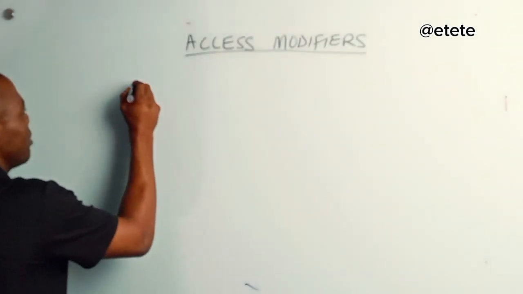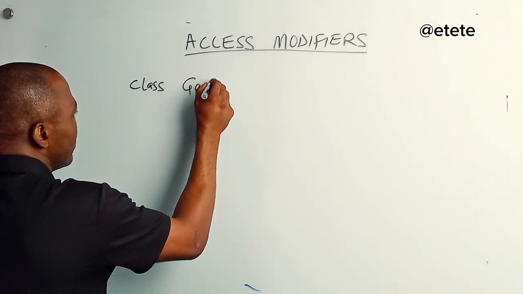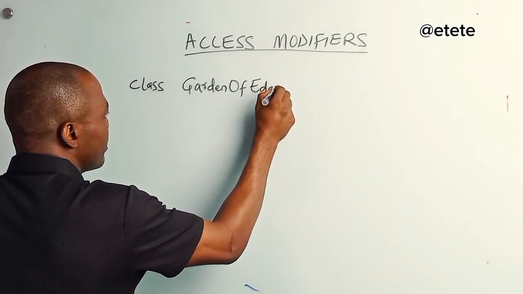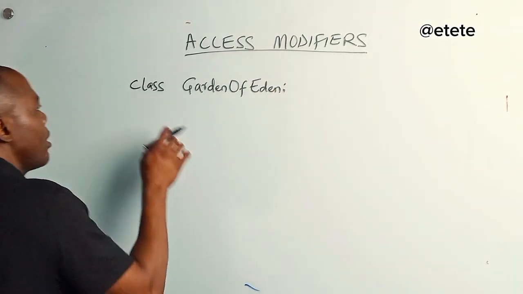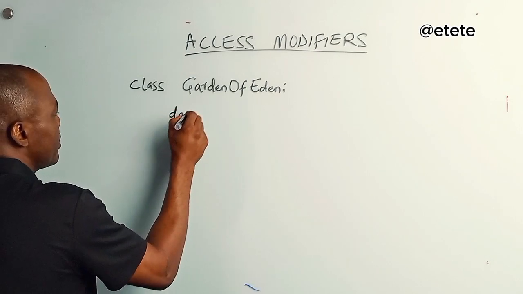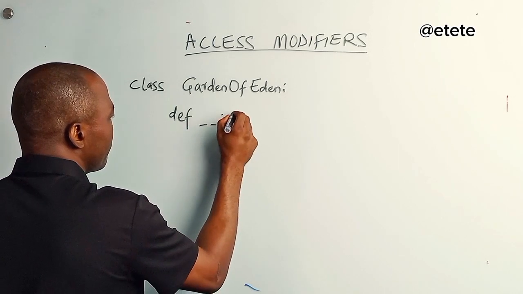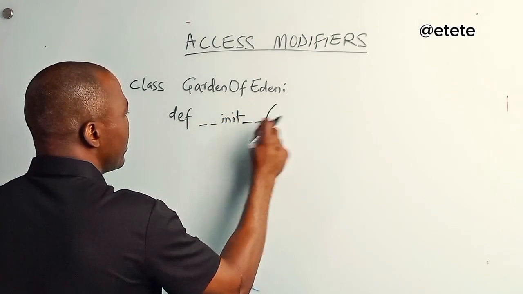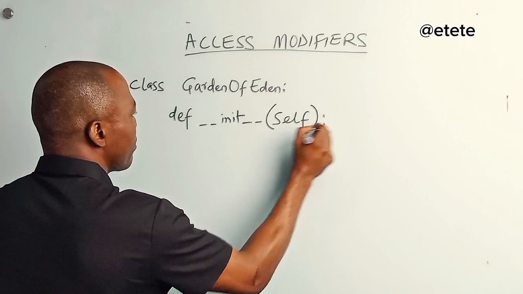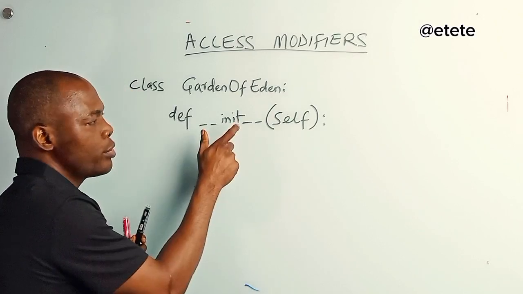So let's name a class, call it Garden of Eden, right? Okay, now you go in and you say, let's create our init method, def init, right? And then here you say self. Now I want to go in and create the attribute for this method.